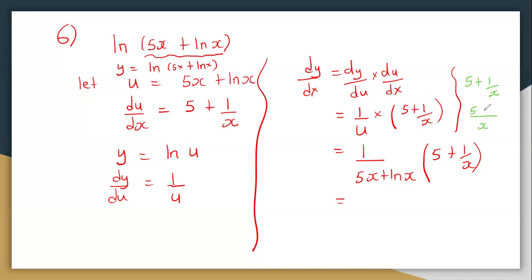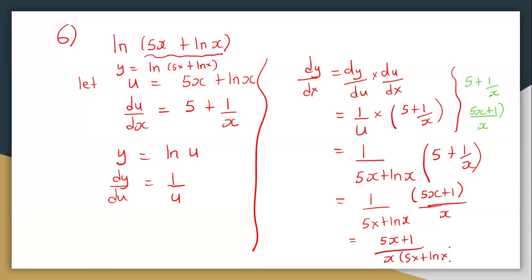So meaning here we have 5x plus 1. So meaning that in the numerator, we shall remain with 1 out of 5x plus ln of x. Then the numerator you'll have 5x plus 1 and everything will be out of x. Which you can reduce further and say this is 5x plus 1 out of x into 5x plus ln of x. So that is your answer.